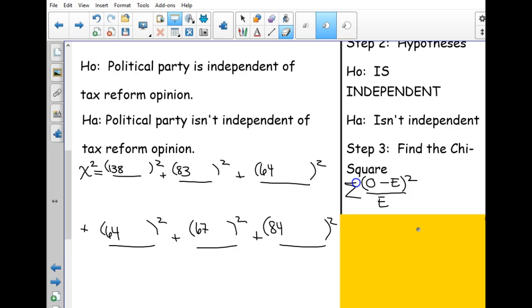Sarah, can you do it, Sarah T? 115.14. Thank you. Okay, what was the next one? 85.5. So I'm taking my observed minus my expected divided by my expected.